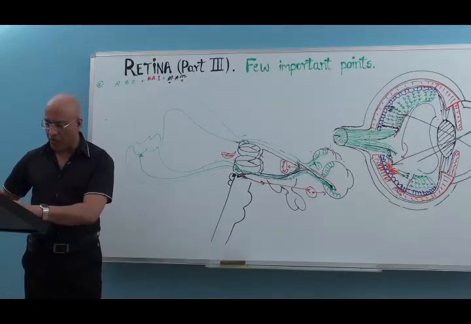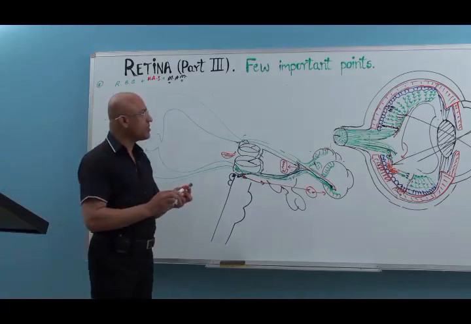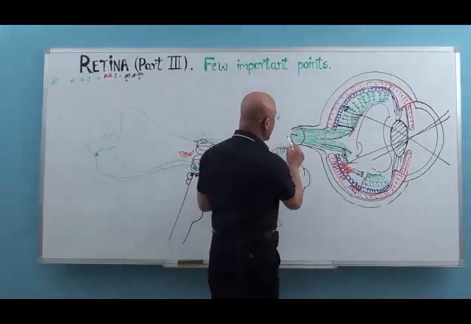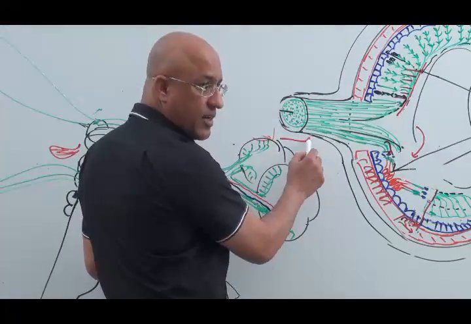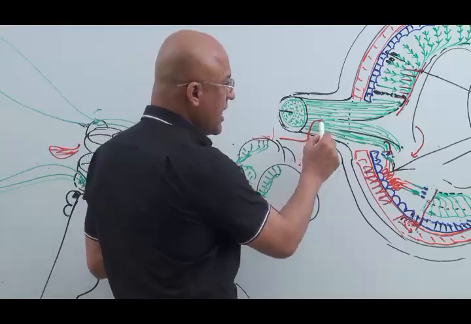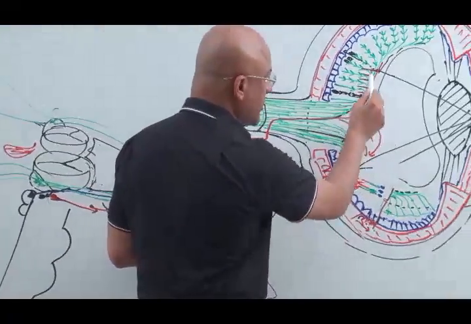One thing which is more important in the end is the retinal artery that I told you about previously. The central retinal artery enters through the optic nerve and eventually enters here and gives divisions.